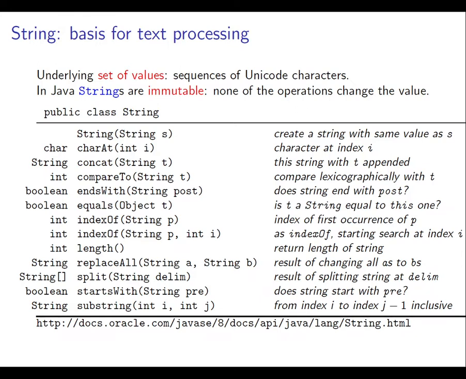What else do I want to say about this list of things you can do with strings? Well, not a lot really. You can create one, you can index into it and find the character at a particular index. We talked about concatenation already. We can compare two strings. You might ask yourself, why does that return an int rather than a boolean? And you should look that up.